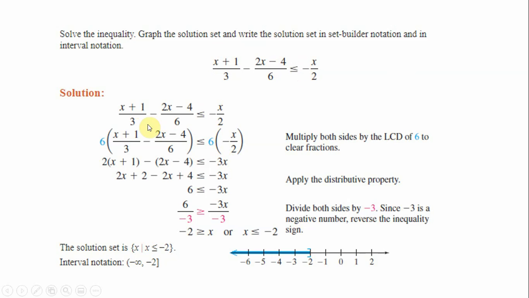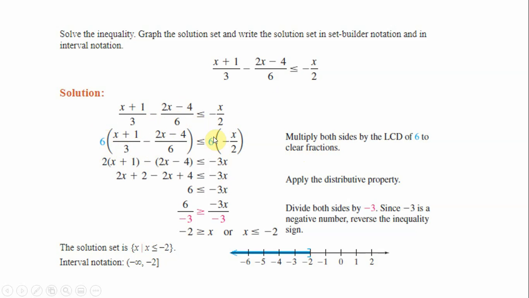I'm going to multiply both sides by the LCD to clear these fractions, and then all I have to do is get my x's on one side, my constants on the other. So my LCD in this case is 3. This is factored 3 times 2, so my LCD has already got a 3. The 2 is in here, so 6 is the LCD.